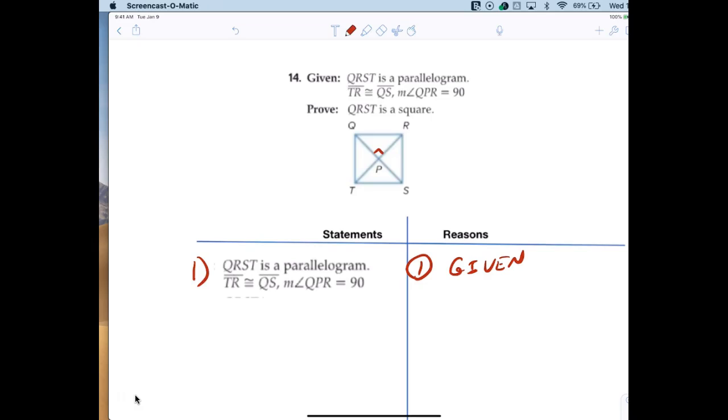Because this is why it's important to understand everything, so I don't have to go through a big long proof here. Because we know, we prove that the diagonals of what two shapes are congruent? Square and a rectangle. If the diagonals are congruent, it has to be a square or a rectangle. Then, if the diagonals are perpendicular, it has to be a square or a rhombus.